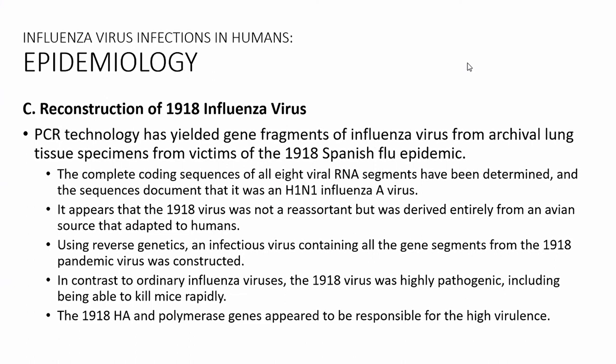Using reverse genetics, an infectious virus containing all the gene segments from the 1918 pandemic virus was constructed. In contrast to ordinary influenza viruses, the 1918 virus was highly pathogenic, including being able to kill mice rapidly. The 1918 HA and polymerase genes appear to be responsible for the high virulence.